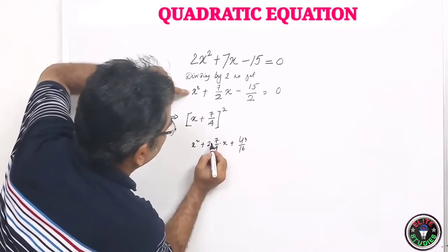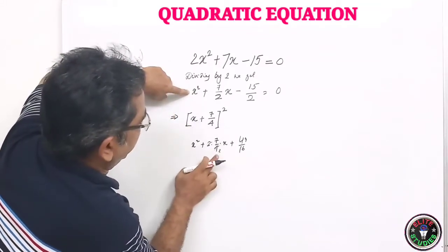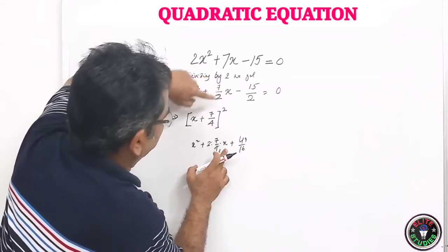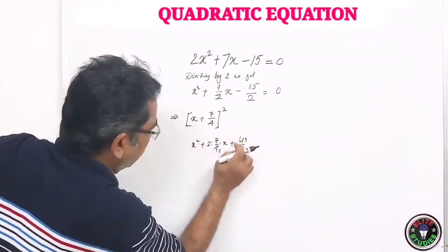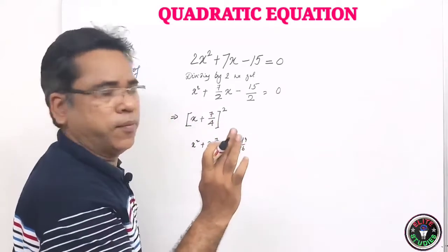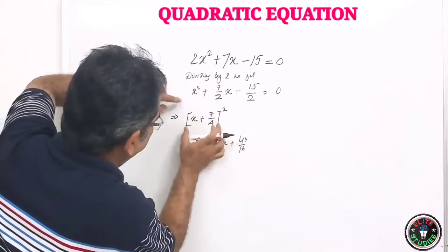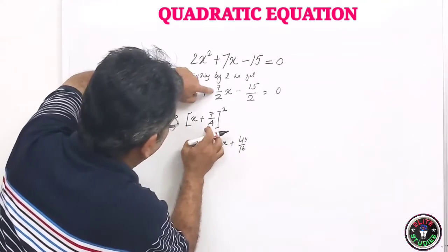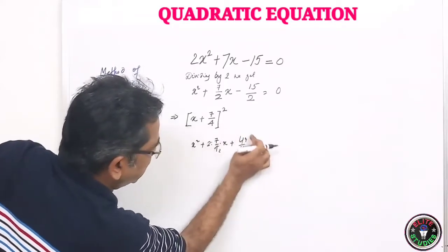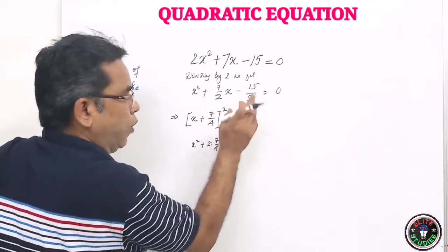Now if you see, if you try to bring in the lowest term, it is 7 by 2x. 7 by 2x is there. But with this, an additional term came into picture. When you open it, you got this whole thing, but we also got an additional term, 49 by 16. So what is the way out?